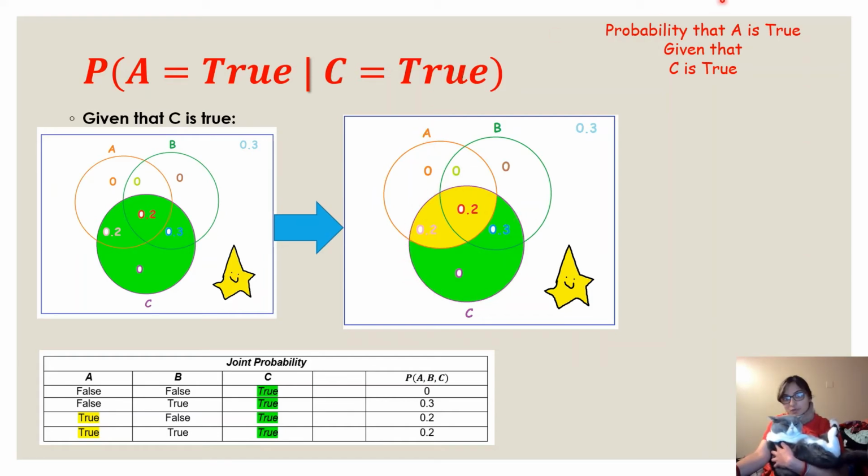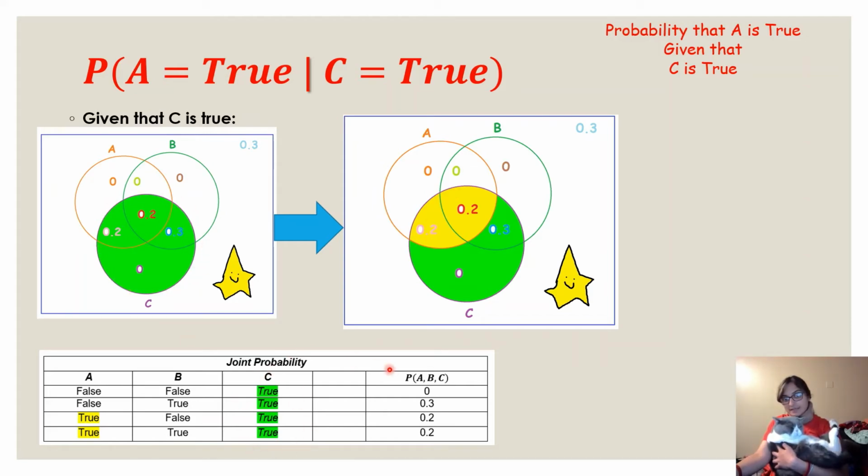So what is the probability of A being true? A is given by this part here. But now that we know that C is true in all of these outcomes, we have restricted everything to here, where C is true.